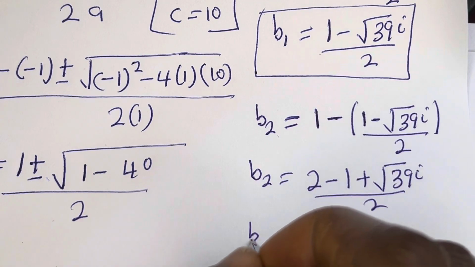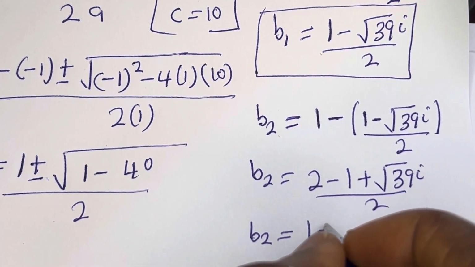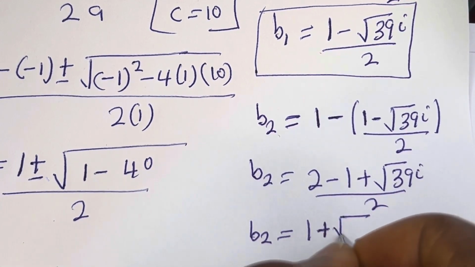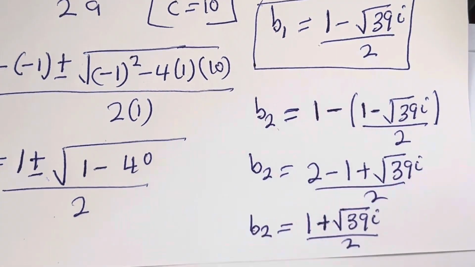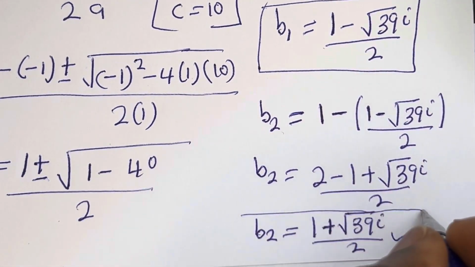Now, b2 is equal to 1 minus 1 plus square root of 39i over 2. This is the value of b2.